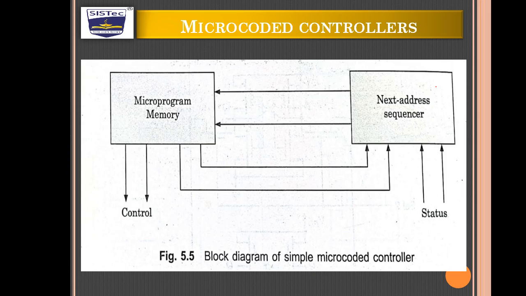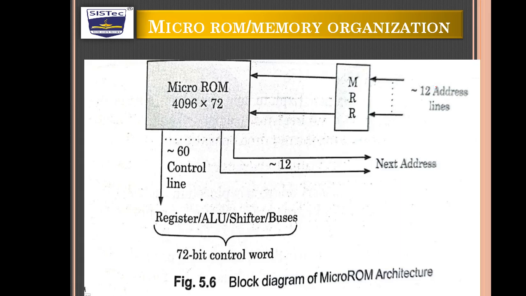Here we can see a block diagram of the micro ROM structure. Micro ROM is a memory which contains micro instructions, and this is a typical memory organization for a micro-coded controller consisting of micro ROM.